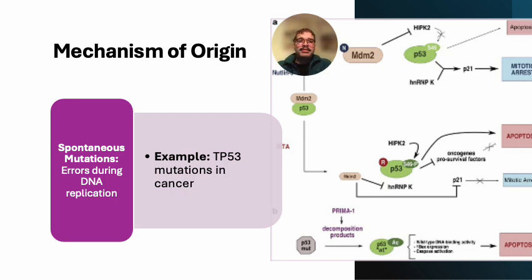In some cases, certain TP53 mutations can result in gain of function. These mutant proteins might acquire new functions that promote cancer progression, such as increasing invasion, metastasizing, and resisting therapy.